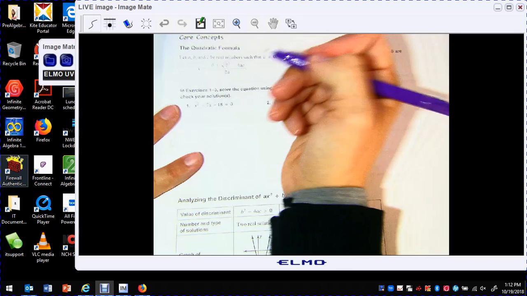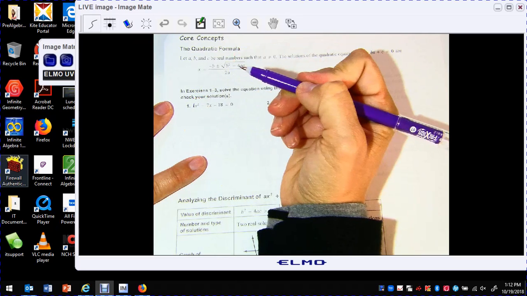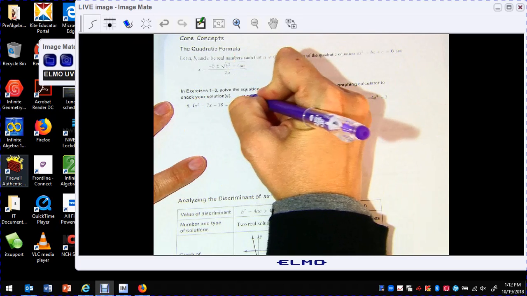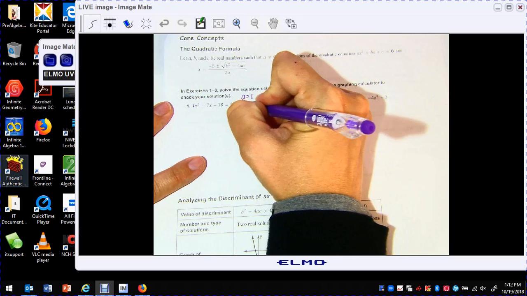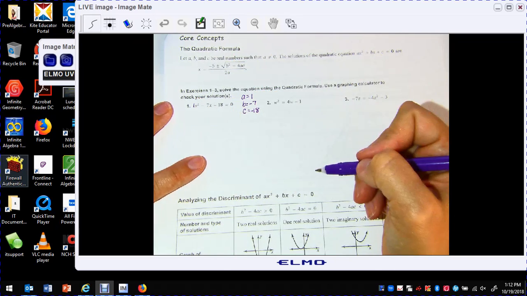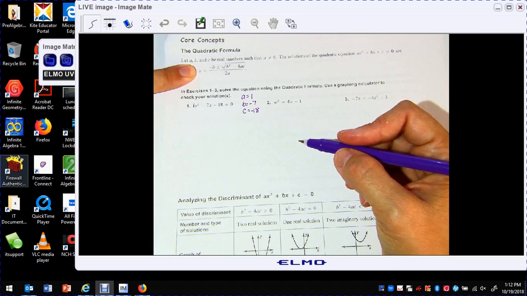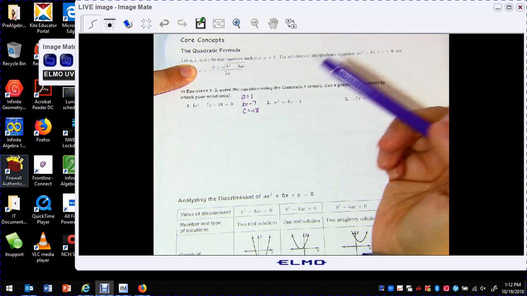So in this problem, if nothing is in front of my x squared, there's really like a 1 there. So I have a equals 1, b equals negative 7, and c equals negative 18. Okay? And I take those and I plug them into this formula. But everywhere I have a variable, I put parentheses.